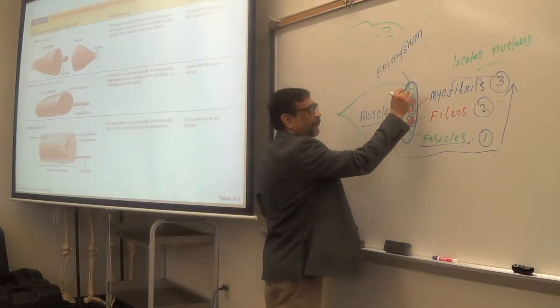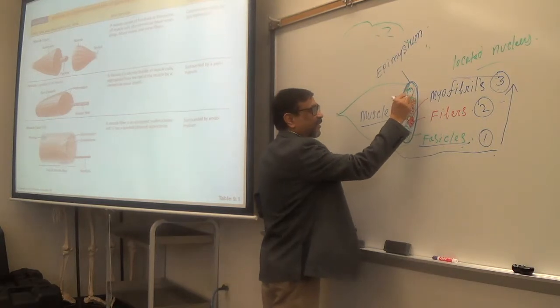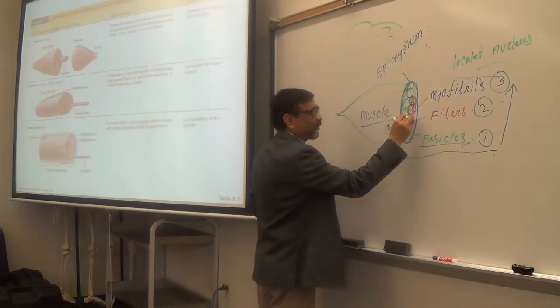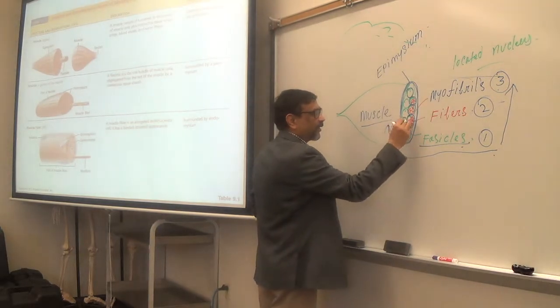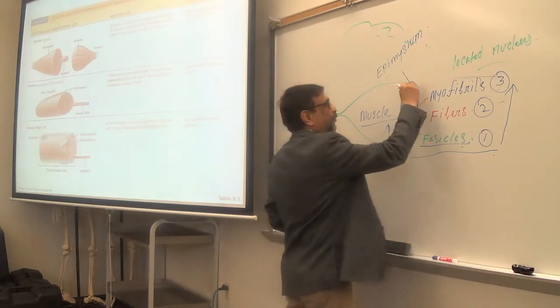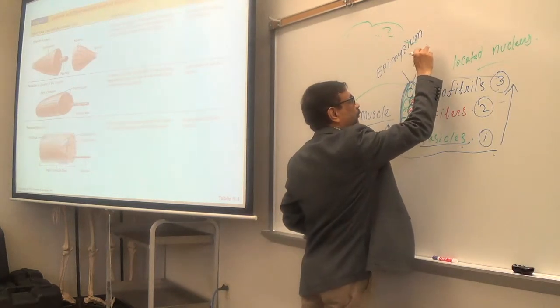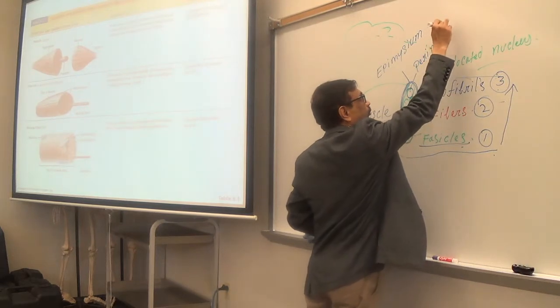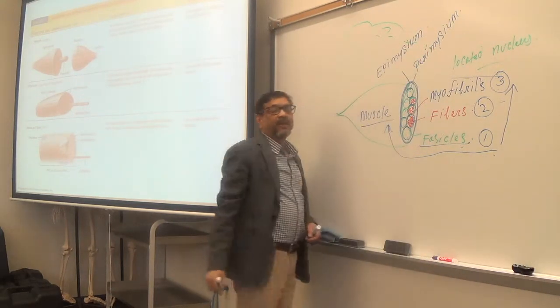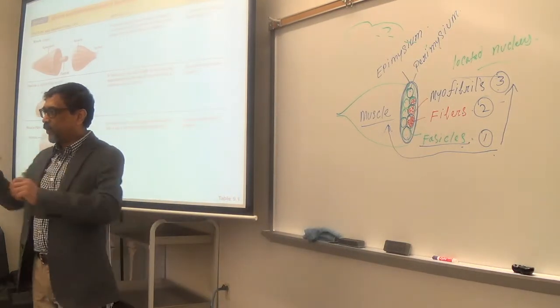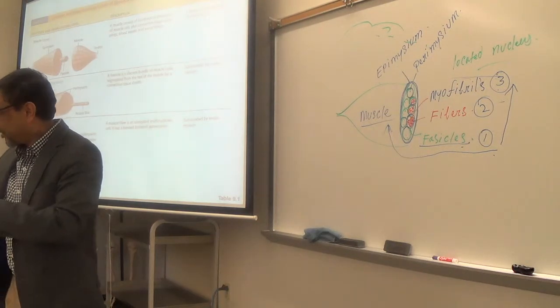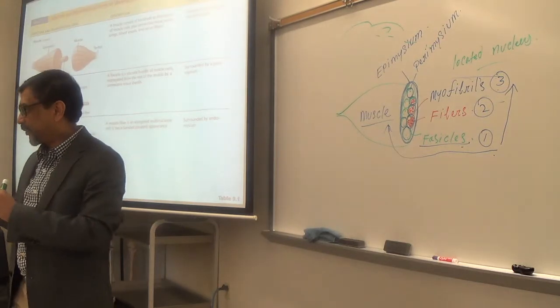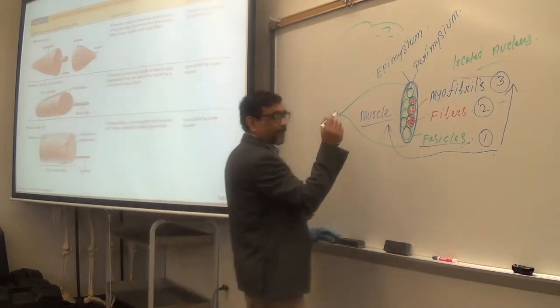Then the fascicles are covered by another connective tissue layer or membrane. Each fascicle has a covering like this, and that is called perimysium. Perimysium covers the fascicle. Make sense? So the whole muscle is covered by epimysium, and each fascicle is covered by perimysium.